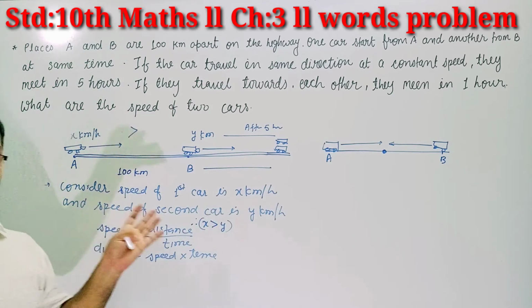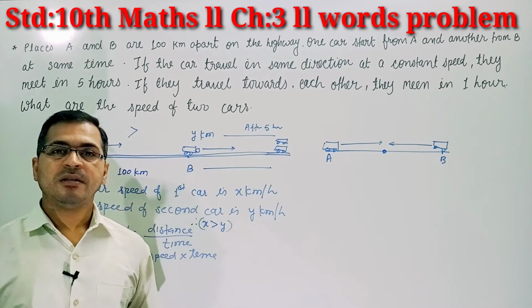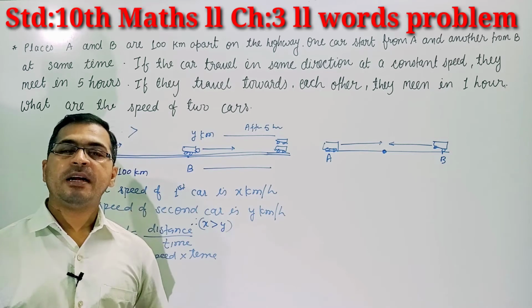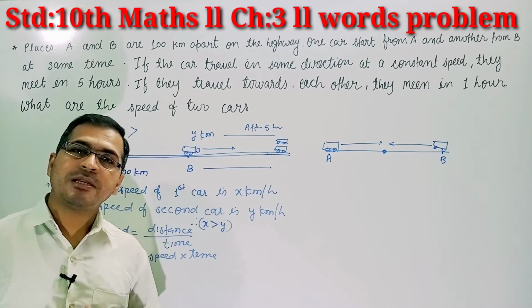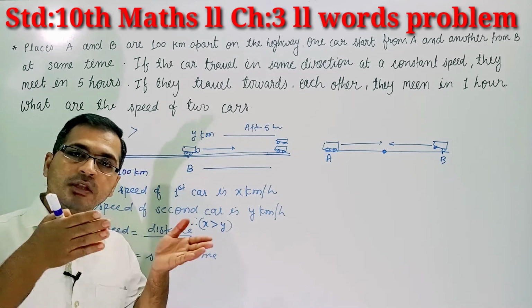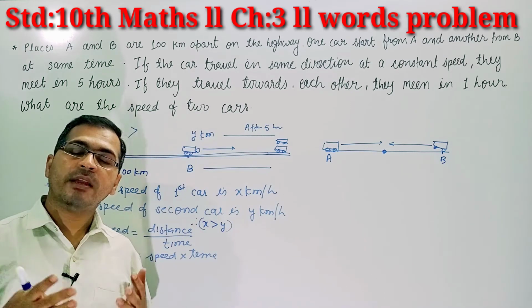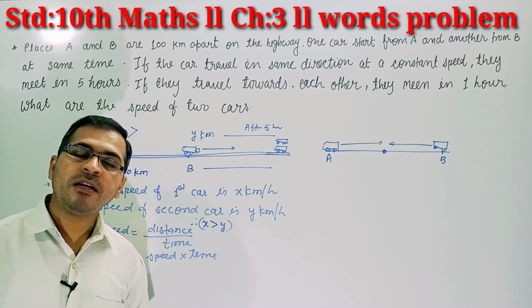Let us see this practically. Suppose you are traveling by train and another train is passing in the same direction. You can imagine that the other train is very slow, or that the speed of our train is very slow.